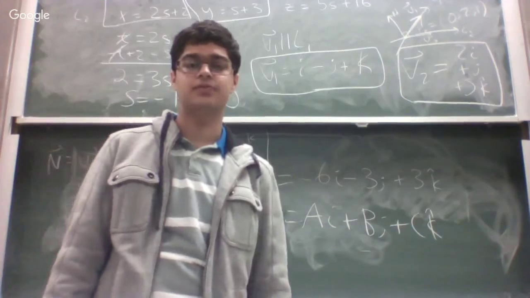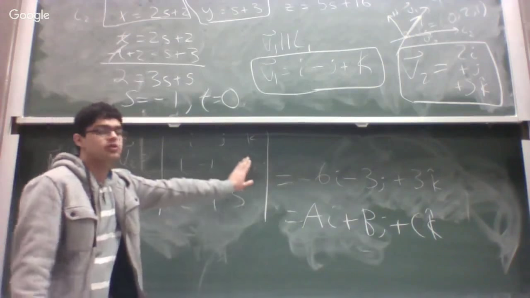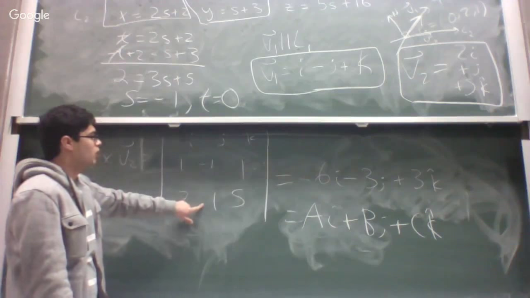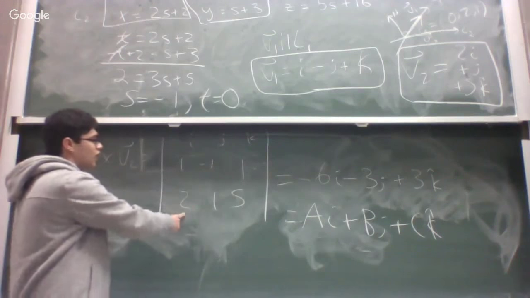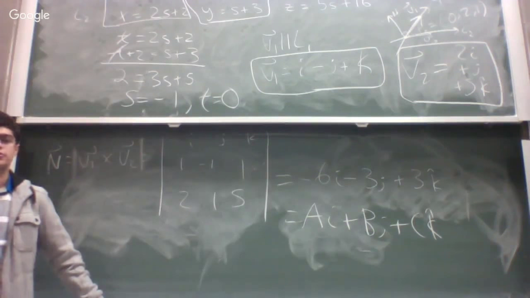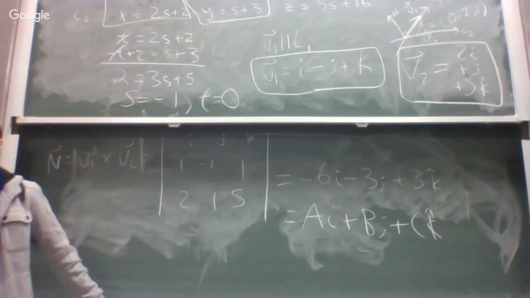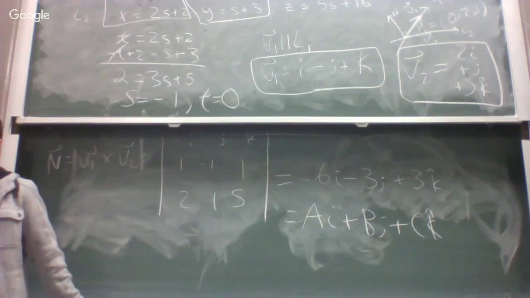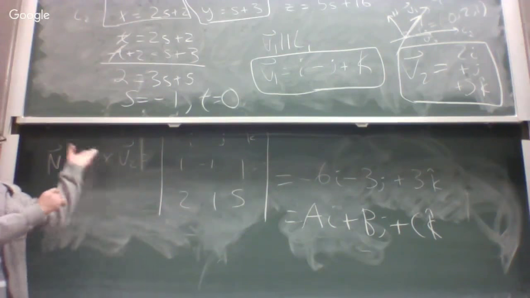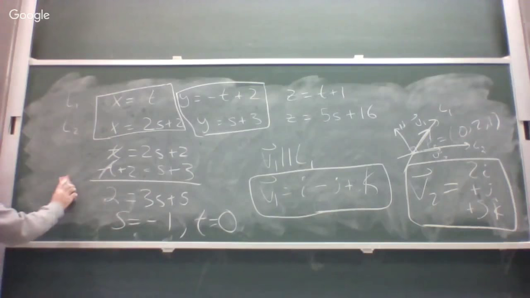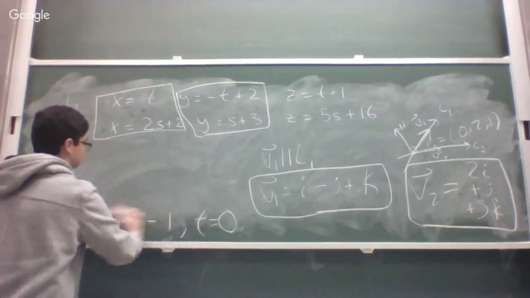Should be positive. You block out these two. 1 times 1 is 1. -1 times 2 is a -2, but then you subtract it. Are you guys good with this? All covered? And I will erase it.